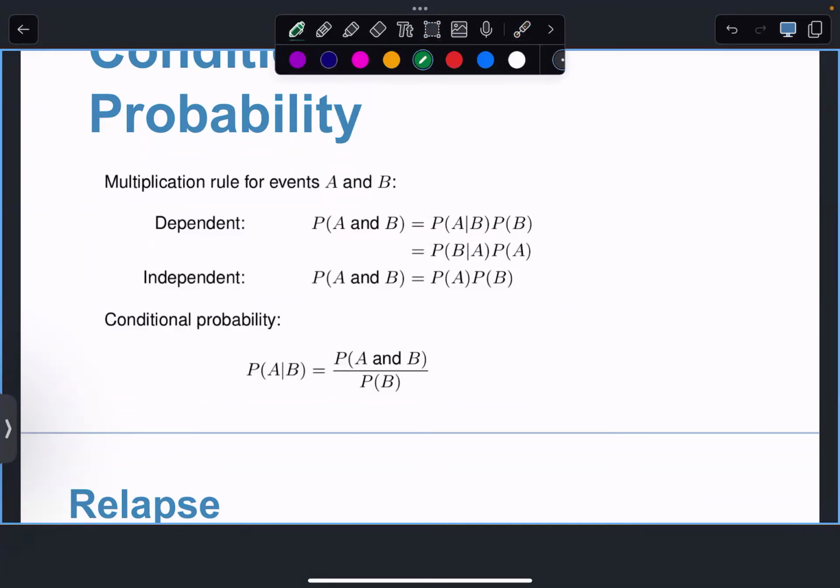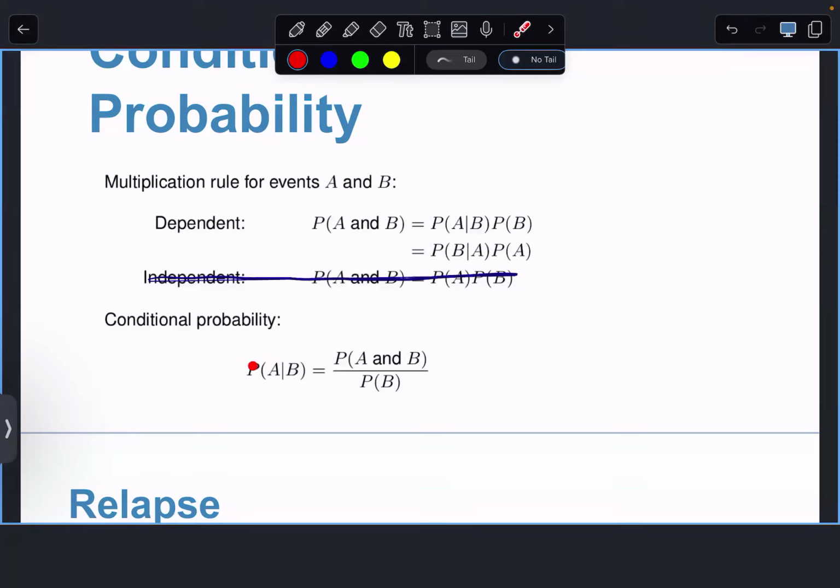So here, we've already done the independent events, so I'll want to cross that out. I usually only like to use this formula.